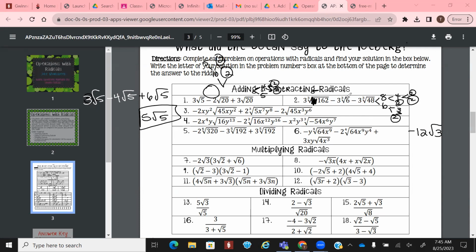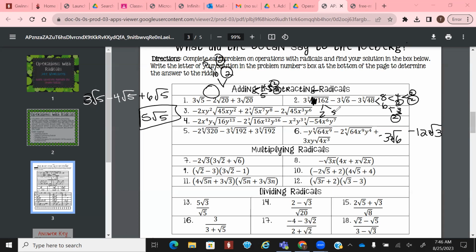Can I break this guy down? Into what? Can I pull anything out though? No. So I'm just going to leave this guy alone. Okay, so we got -3 radical 6, and there's a little 3 in these cubby holes. And then can I bring 162 down? Yeah. What can I divide it by?